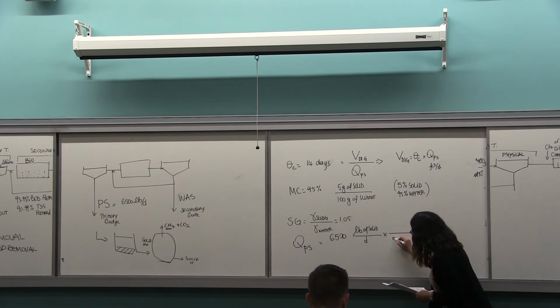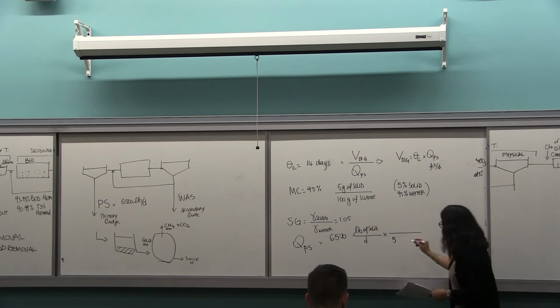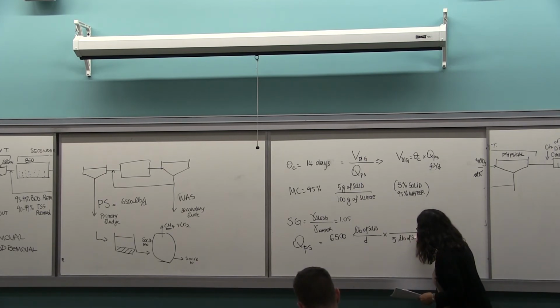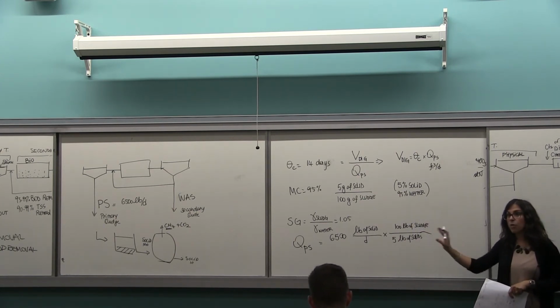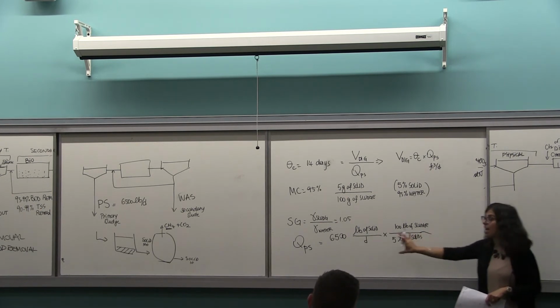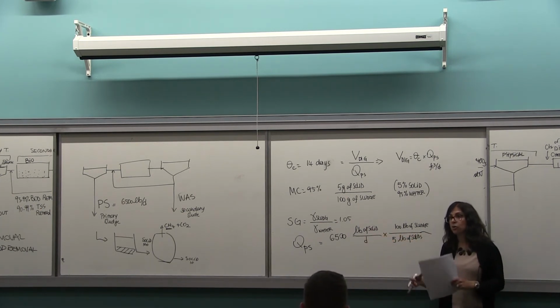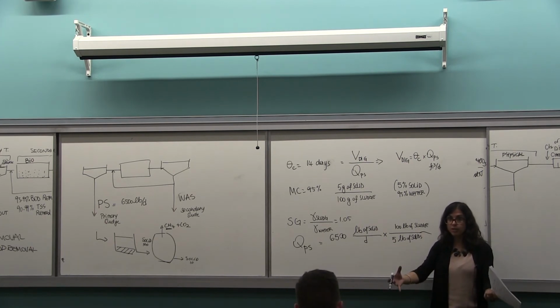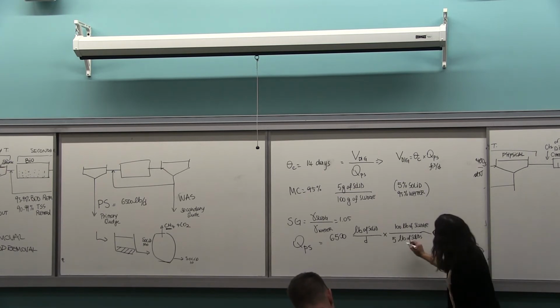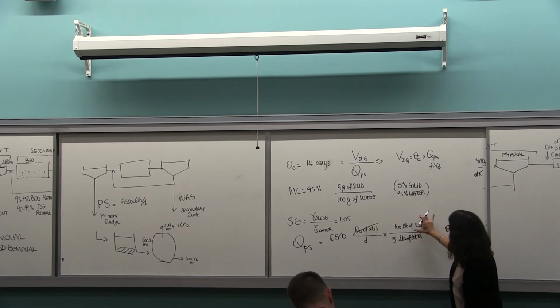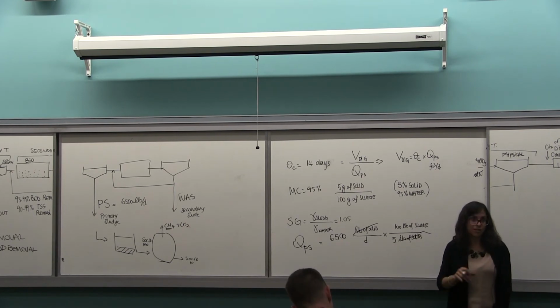So I can say that it's 5 pounds of solids per 100 pounds of sludge, right? That's the water content. Now it takes me from pounds of solids to pounds of sludge, the water and the solids, right? Pound, pound. I have now pounds per day of sludge.